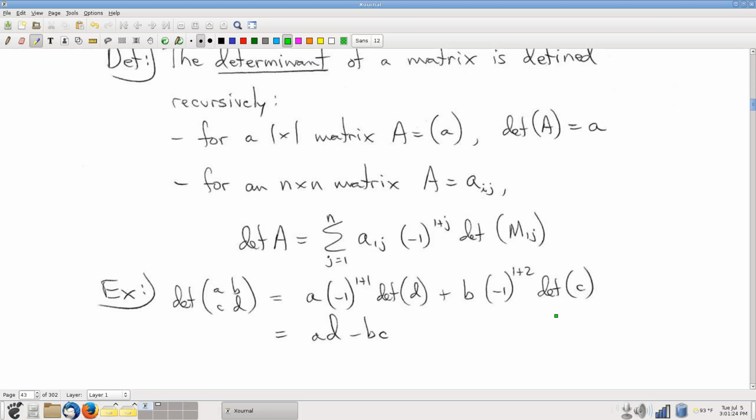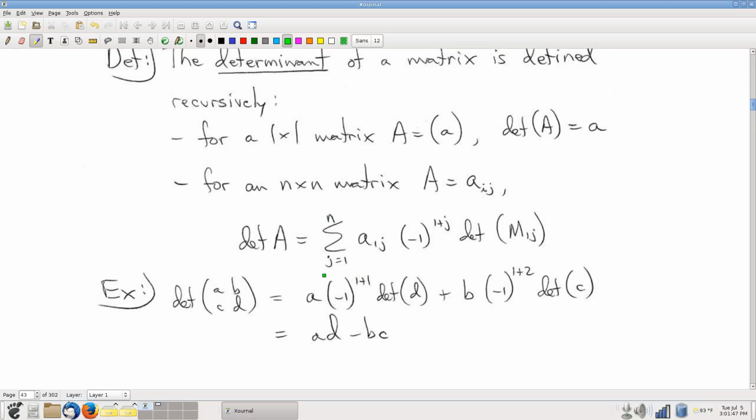Here's our first example. First thing I want to point out is there's a summation here. And this summation in particular is with the index j. Now, j is the variable that's going to be changing as we go through this expression. So j will take on values starting at 1 and ending at n.